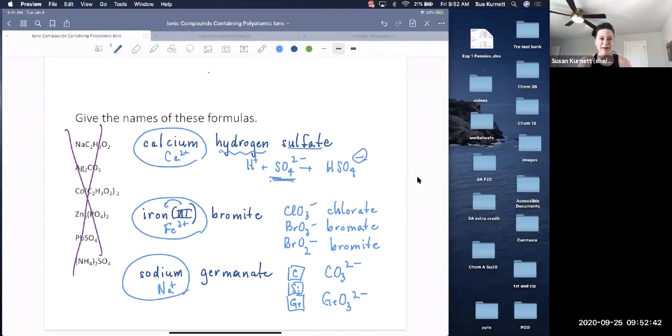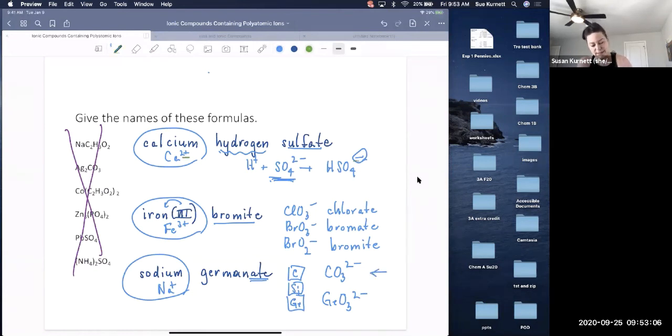So that's me showing my thinking. I don't know bromite, but bromine is in the same column as chlorine, and I know chlorate. So I start at chlorate. My anchor is a good starting place. And then germanate, I know it's an -ate. Let me find something that looks like germanium on my periodic table. And then what column is it in to find my line leader, carbonate. Okay, and then once I've done that, I can put it together.